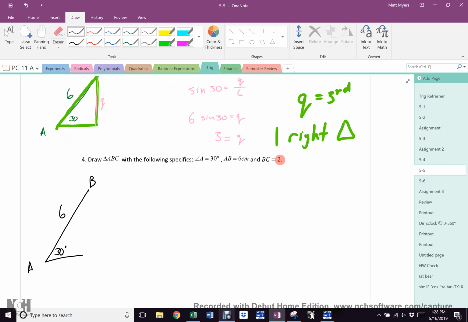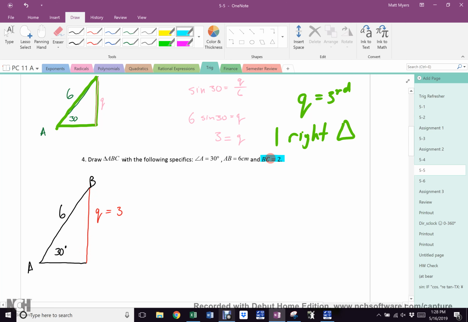Now, the third side here is what, according to my question? 2, right? Now, we know that this distance right now is Q, and Q has to be what? Has to equal 3, doesn't it? We know this distance is 3, right?